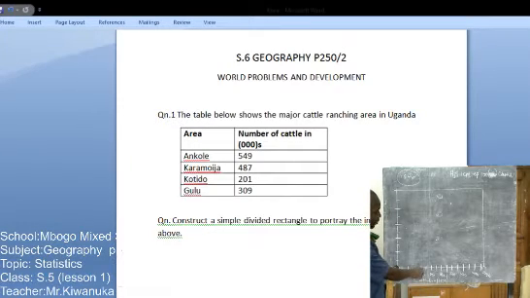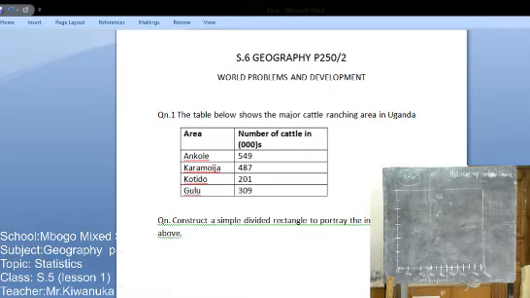And remember, we said that each small box is measuring up to 20. This is 500, 20, 40, 60, 580, then 600.